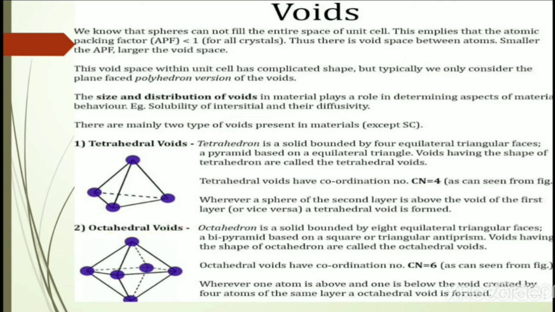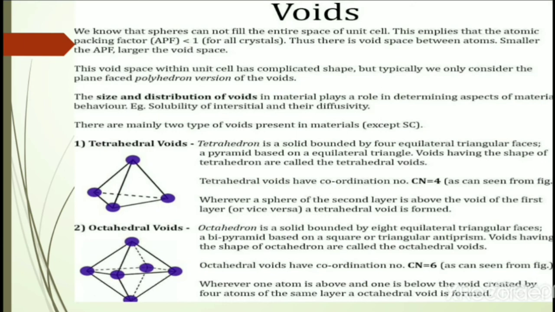Next, octahedral voids. The octahedral void is a solid that is bounded by 8 equilateral triangular faces, a bipyramid based on a square or a triangular antiprism. These voids having the shape of an octahedron are called octahedral voids. Each is surrounded by 6 atoms. So the octahedral voids have the coordination number equal to 6.